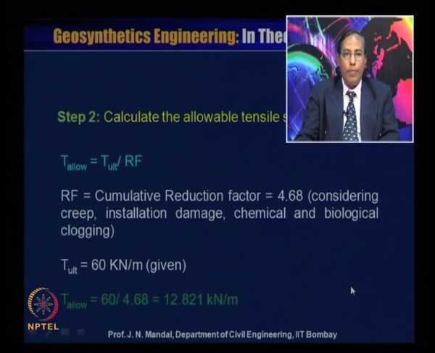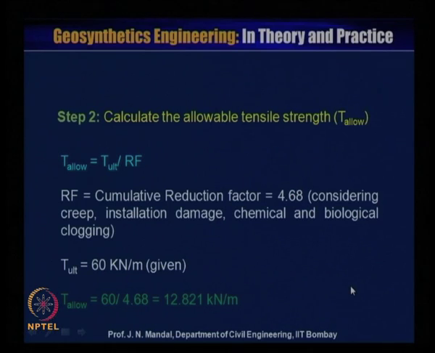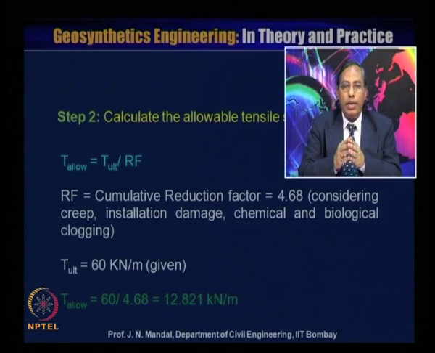So, you have calculated. Now, step 2, you have to calculate the allowable tensile strength, that is T allowable. So, T allowable is equal to T ultimate by reduction factor. This is the reduction factor which we call the cumulative reduction factor, and here we are considering 4.68. You have to select the factors for creep, for installation damage, and for chemical and biological clogging.